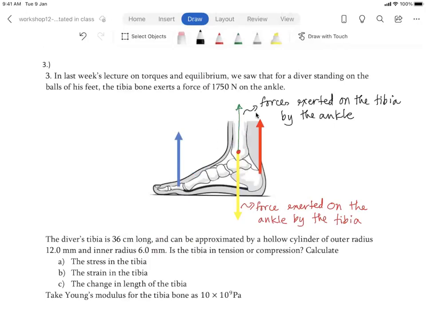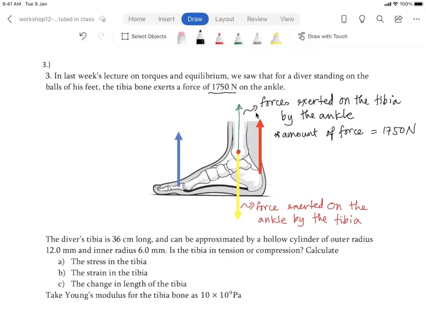And the amount of force exerted on the tibia will be the same as the amount of force exerted on the ankle, which is given to be 1,750 newtons. The amount of force on the tibia is equal to the amount of the force on the ankle.